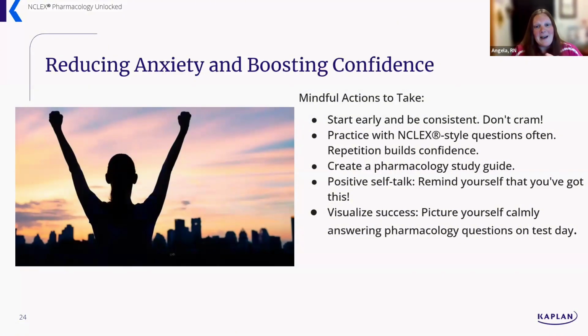On Thursday, I'm going to head to the Kaplan Q Bank and select 20 pharmacology questions to take, and then I'm going to remediate those carefully. Repeat that process. Remember, being specific, it's much more likely that you're going to follow your plan instead of just saying, I'm going to study for 2 hours on Monday. Sometimes then we sit down and we're like, oh gosh, what am I going to do? What should I do? It's all laid out for you. Then you've got that plan there.